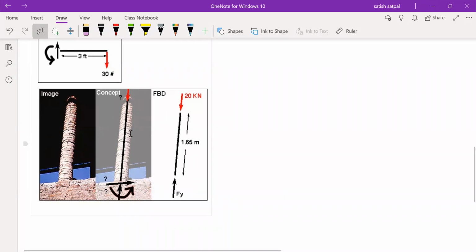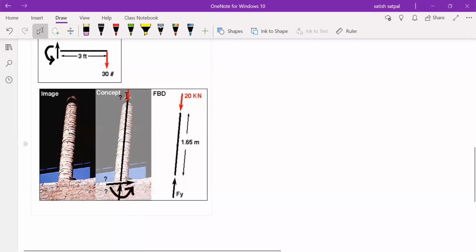What can we think here? The structure is vertical, so I can draw a vertical line representing the structure as a column. Then we need to see what loads are acting on this body. On top of this image we can see some spherical kind of structure, so that load we have shown here.